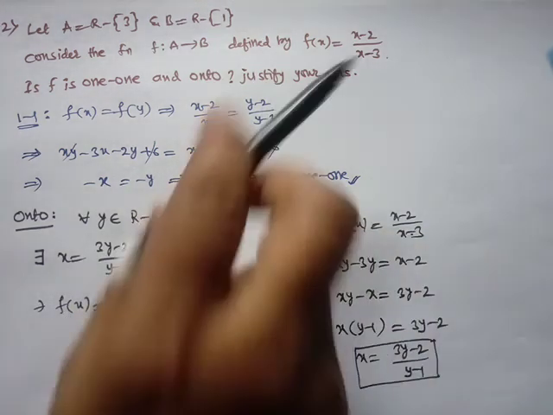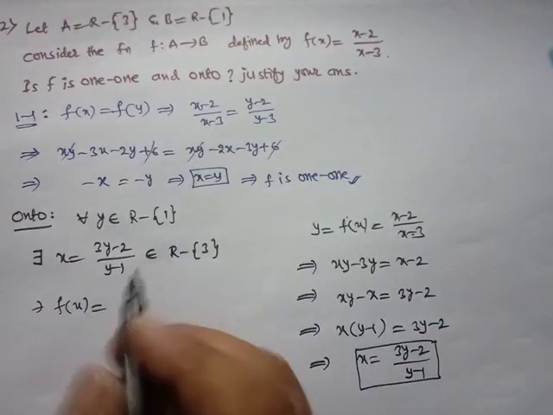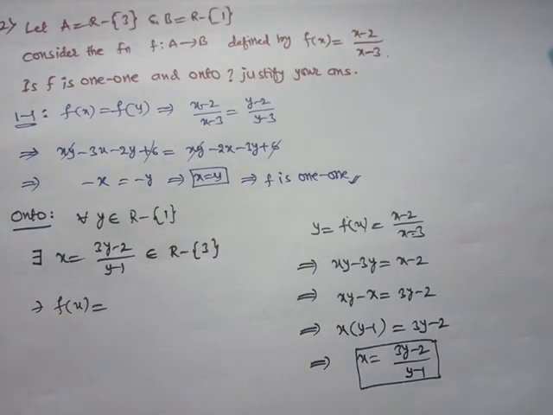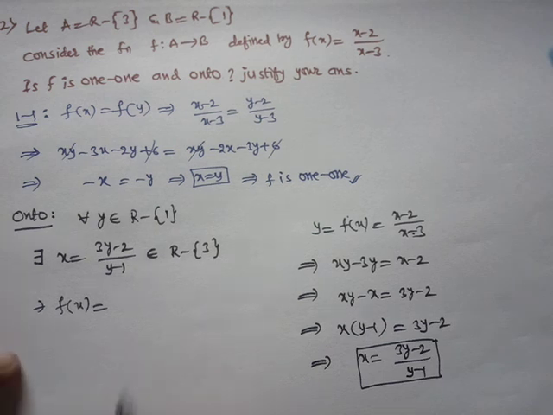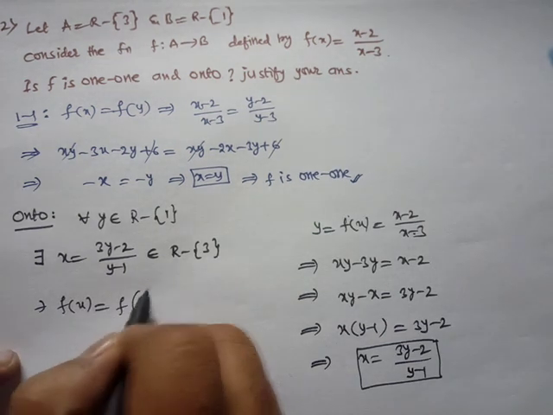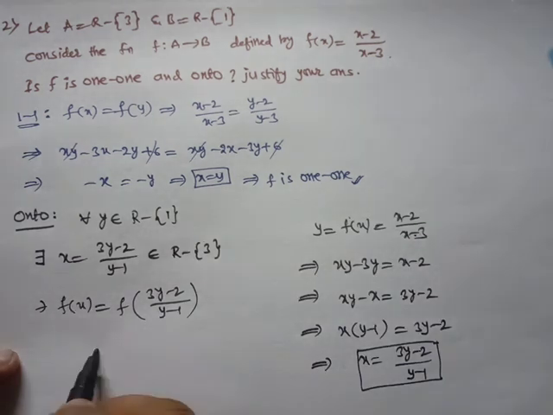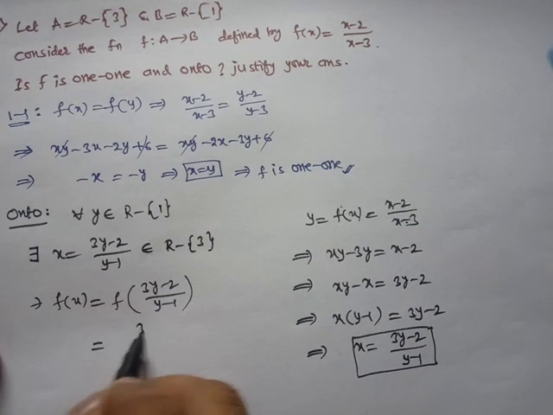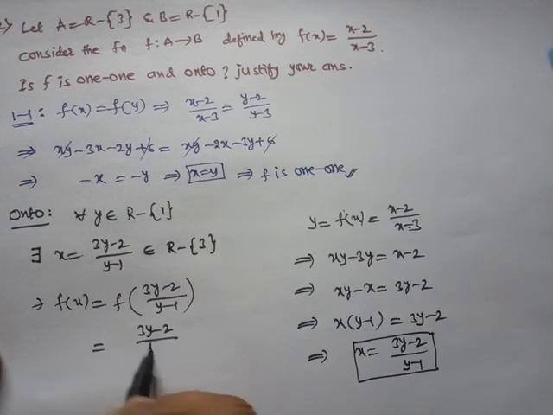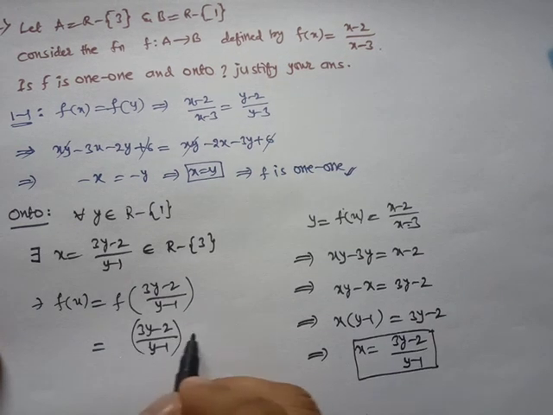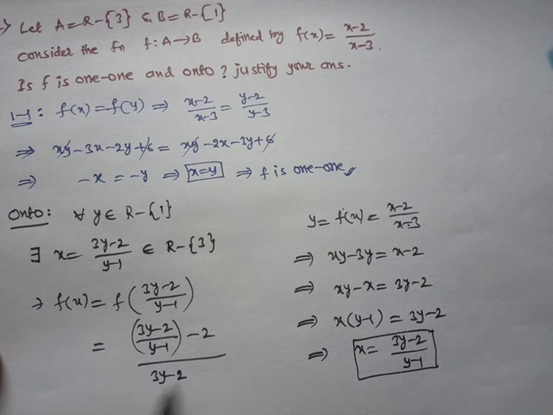So in this case you can put f of x, so f of (3y minus 2) by (y minus 1), this implies ((3y minus 2) by (y minus 1) minus 2) by ((3y minus 2) by (y minus 1) minus 3).